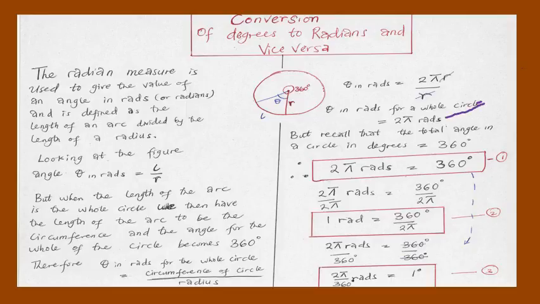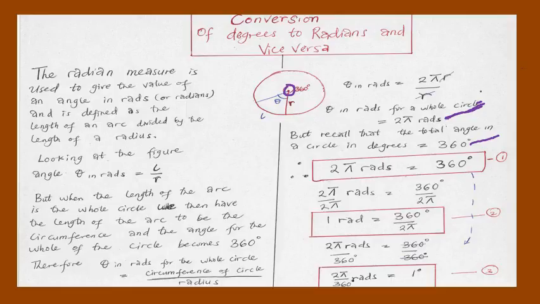But remember that the total angle in a circle in degrees is 360 degrees. So we have established that theta in radians for a whole circle is 2 pi radians, and we know that the angle in degrees for the whole circle is 360.